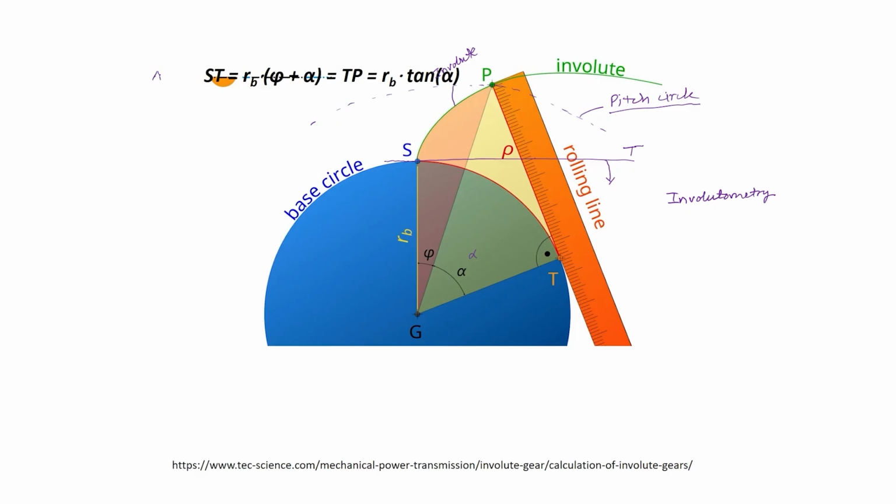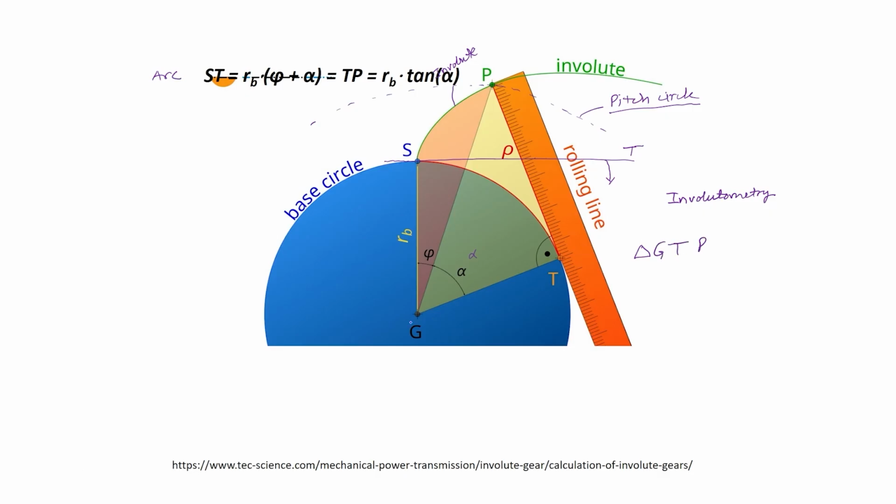So, arc ST is equal to TP, and arc ST is your RB, base circle radius, multiplied by this angle, which is phi plus alpha. So, arc ST is equal to RB multiplied by phi plus alpha, and so TP is equal to RB times phi plus alpha. TP may also be obtained from triangle GTP.